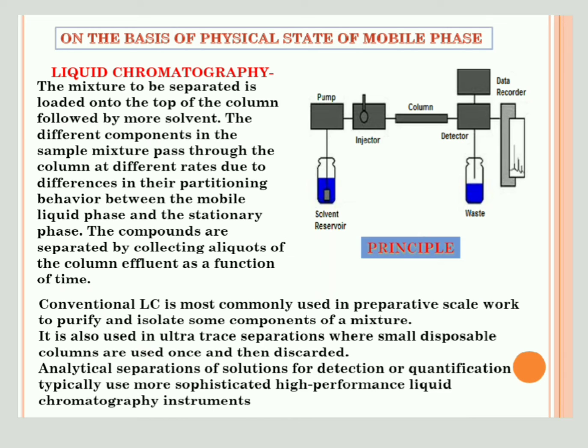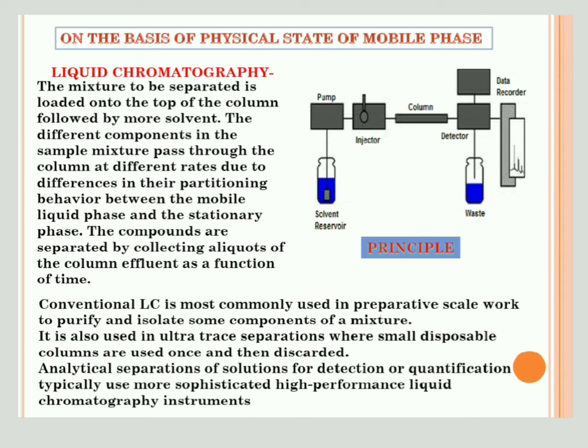The different components in the sample mixture will pass through the column at different rates due to the difference in their partitioning behavior, meaning the interaction between the mobile phase and the stationary phase. The compounds are separated by collecting the liquid from the column as a function of time.